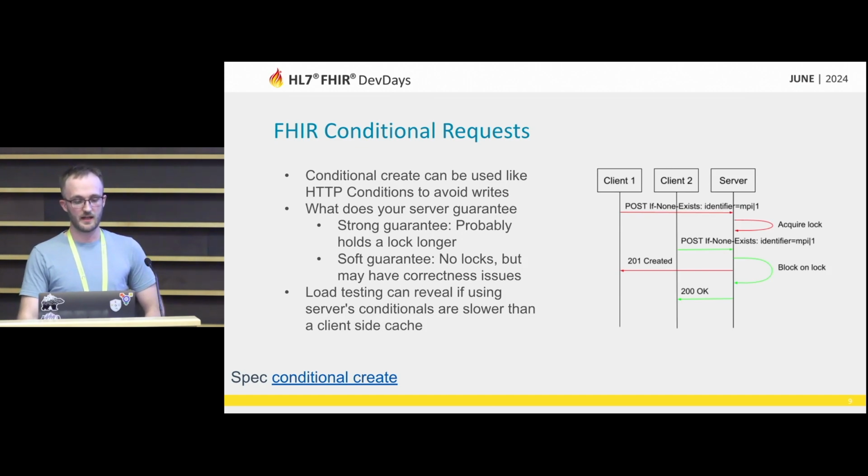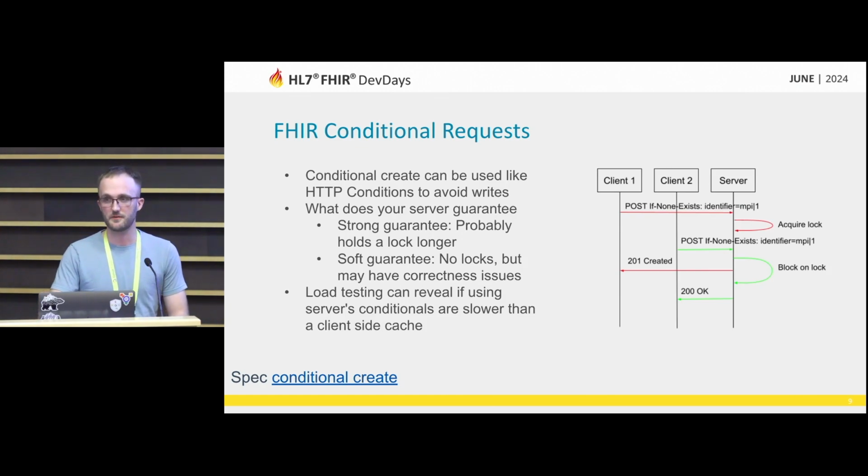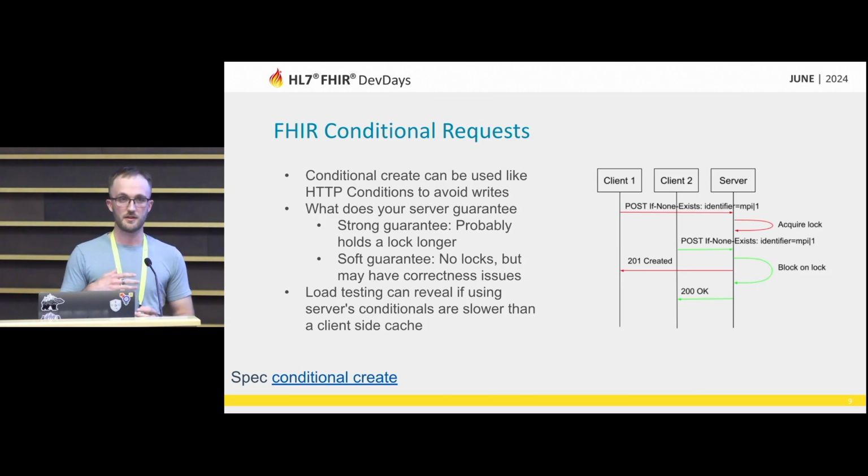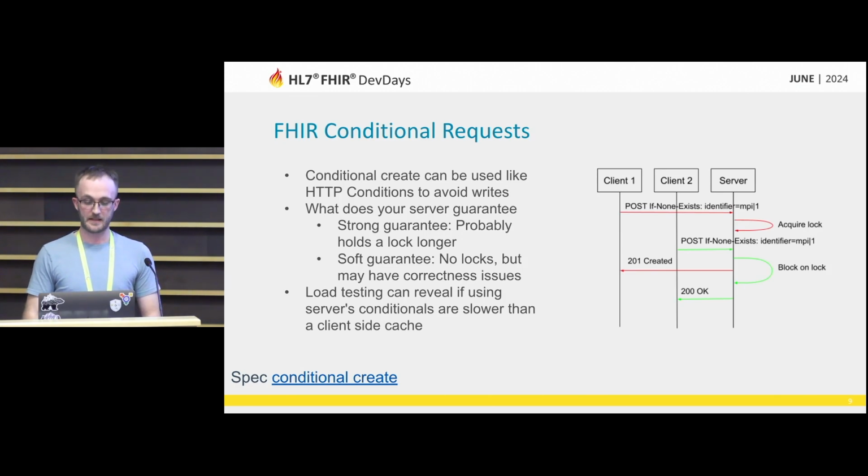In that case, you're not holding locks, but you do potentially have correctness issues where you do the search first, you see that the resource doesn't exist, but then by the time you actually get to the database, it does exist. And so you'll need to evaluate trade-offs with load testing to see: do I need to use the server conditionals? Are they good enough? Or do I need a client-side cache? Can that help me instead?